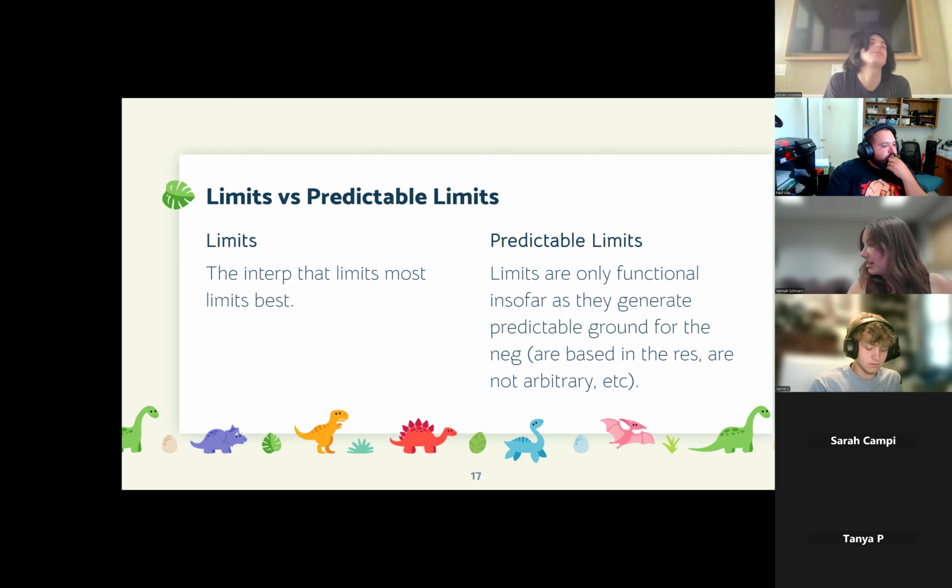It's like subjective. I think the best way of thinking about arbitrary in this context is without reason, right? Without justification. Like, just having some limit for the sake of having a limit, not having that limit be based in anything reasonable. Basically the way I think of limits is it's about the negative's ability to prepare for possible affirmative strategies.